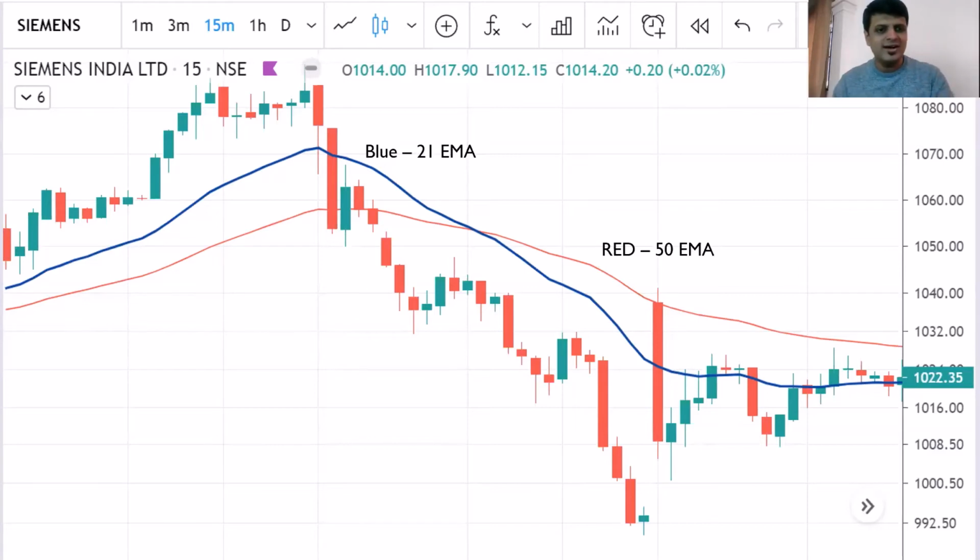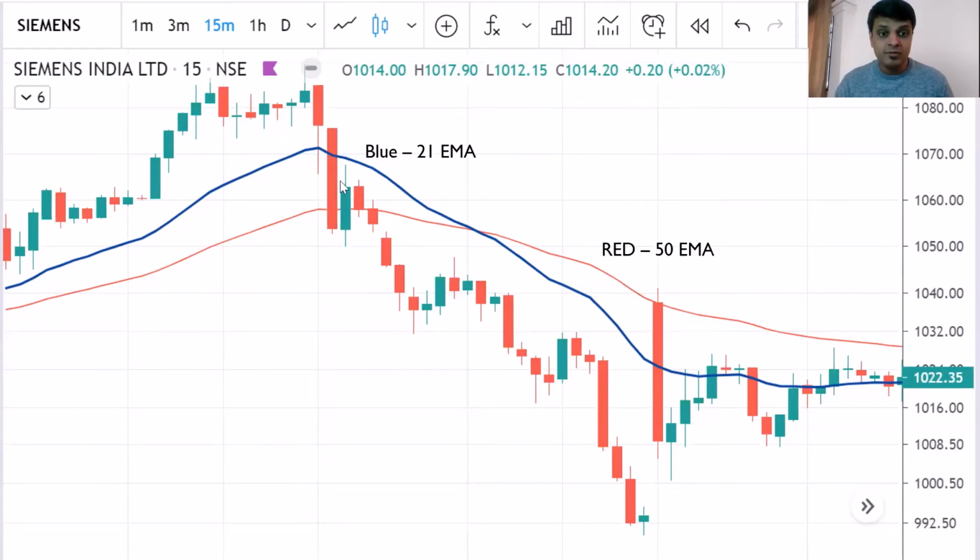It's all maths. And so the average, if you see, when the smaller period average 21 is above the 50 average in the first part, right? So what that means is the price is going up. If you see the candles, you can see that the price has gone up. Over here at the start of this chart, it was around 1040, and then over here when you look, it's around 1090 or almost 1100.